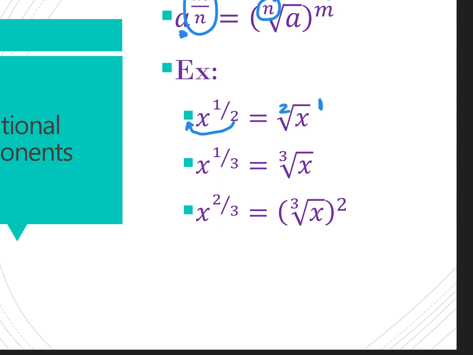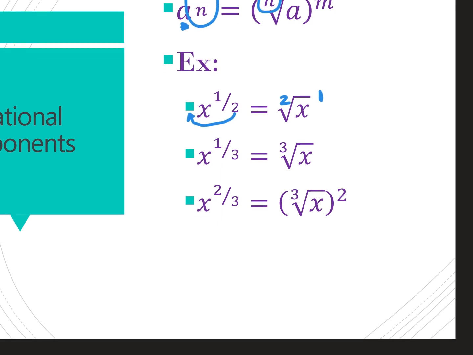Do I have to write a 2 in front of the square root? No, it's understood that there's a 2 there. If I have x to the 1/3, the 3 becomes the index, and the 1 is the power. X to the 2/3, watch, the 3 becomes the index, and the numerator, the 2, becomes the power.